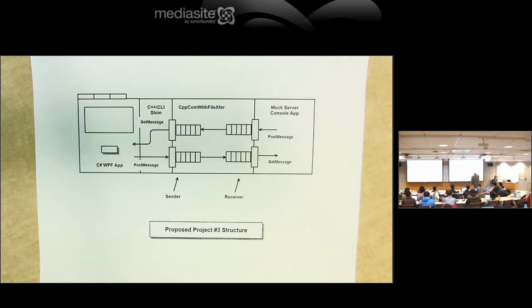So there's only really two executables here. This part is part of this executable. This part is part of this, but this is going to be built as a DLL, not an executable. And this guy will load the DLL.